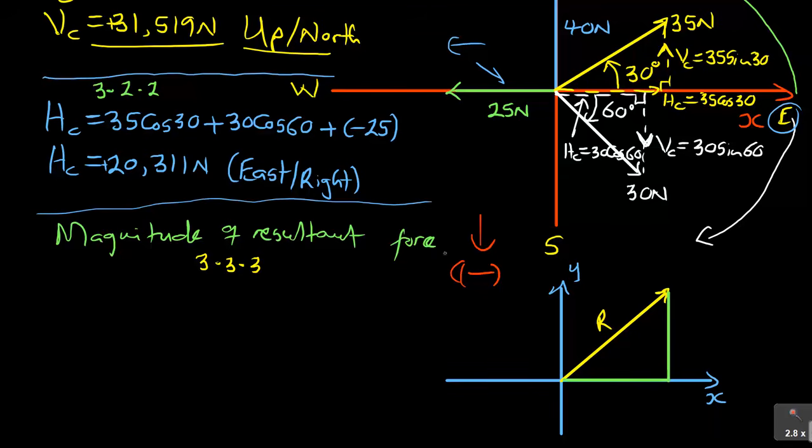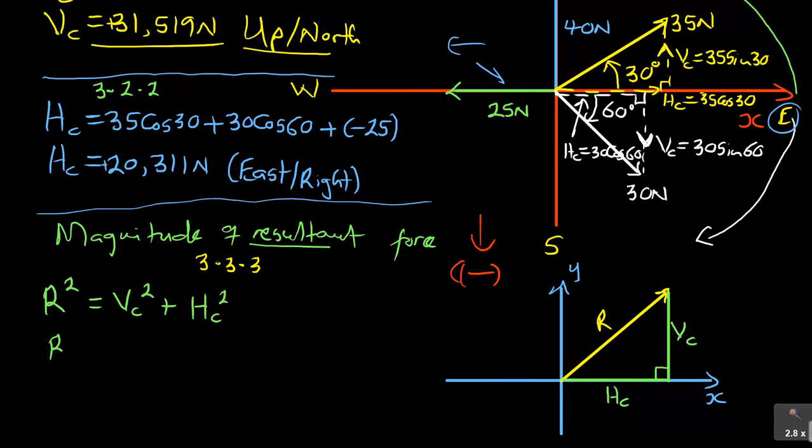So now you have to resolve this, because the resultant is what we are going to be looking for, the magnitude of the resultant. So what you have now to find, this is your VC and this is your horizontal component. To find the magnitude of the resultant, you are going to use the Pythagoras theorem, which says R squared is equal to VC squared plus horizontal component squared.